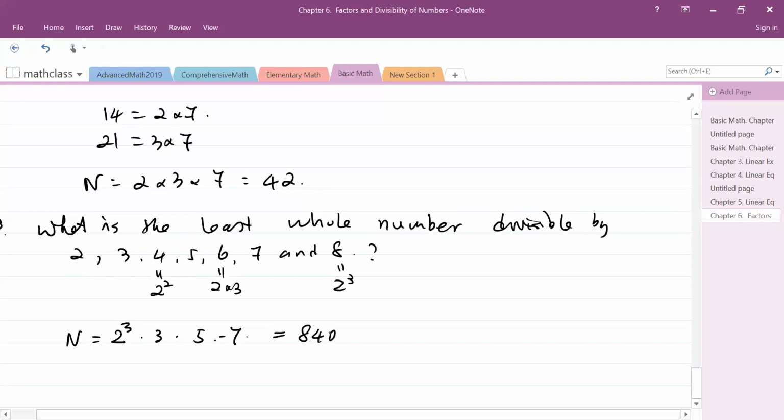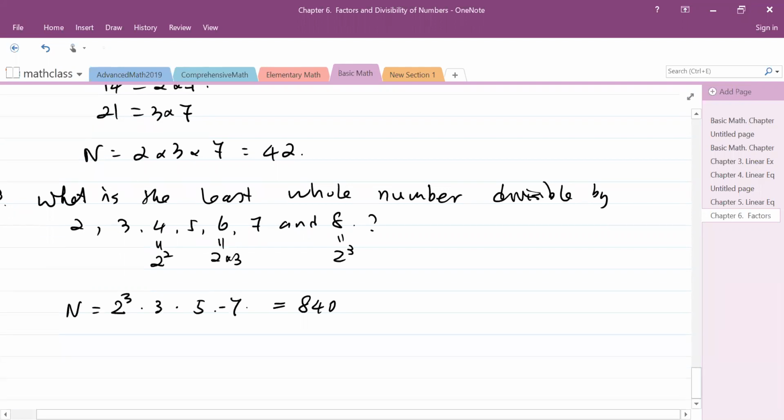840. See, nobody can hear us, right? All right. Why? It must be divisible by 8, so it must contain 8. It's also divisible by 3, so it contains 3. It contains 5 and 7. Just list all the factors here.